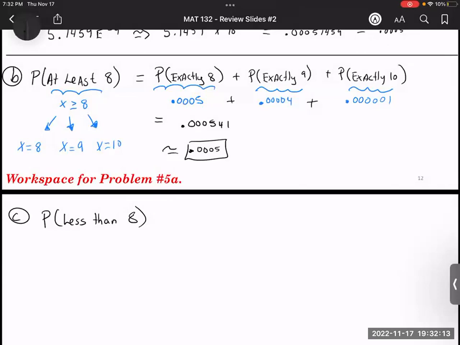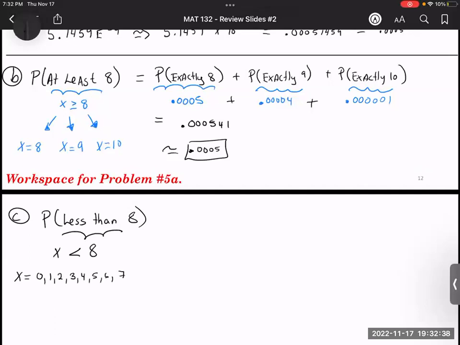Well, all the way at the beginning of the number line. Before 1, start at 0, right? So less than 8 mathematically just means x is less than 8, right? X, draw the less than symbol, 8. This means that x is equal to 0, 1, 2, 3, 4, 5, 6, and 7.